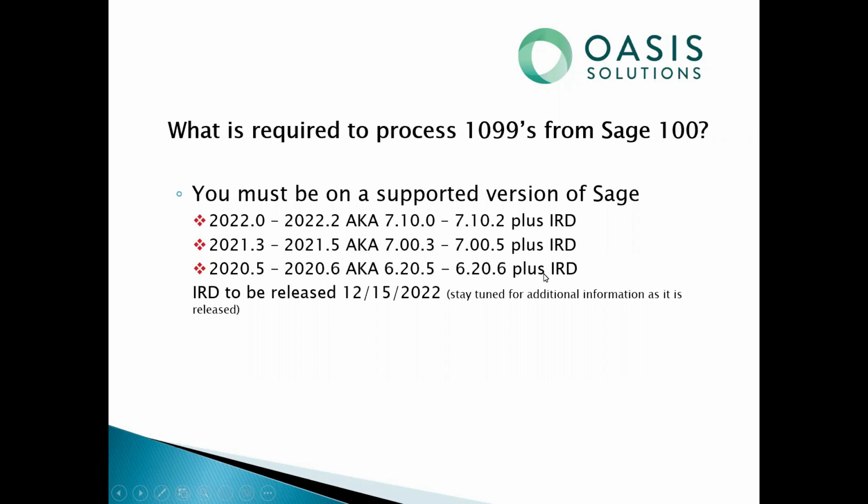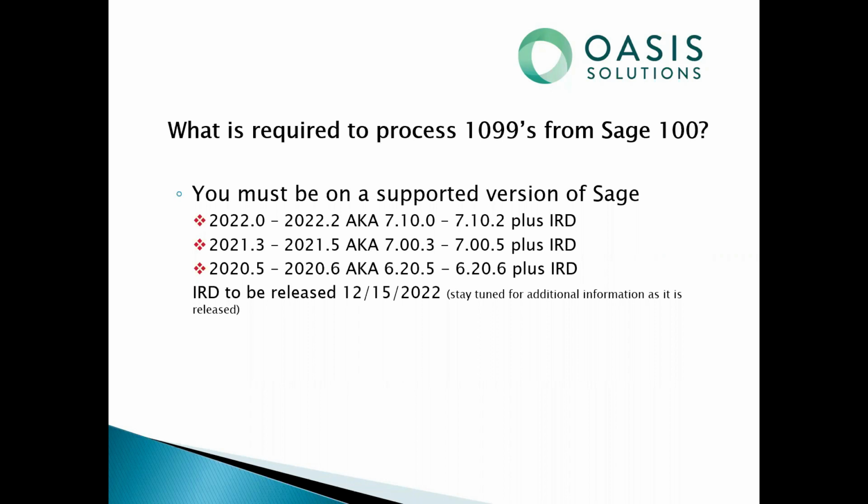And there is an IRD that's going to be released next week by Sage. I don't have any of those details on what all they're releasing. I am going to make some assumptions as we go through the rest of this webinar. But as we get that information from Sage and we get more details, then we will send out emailers.